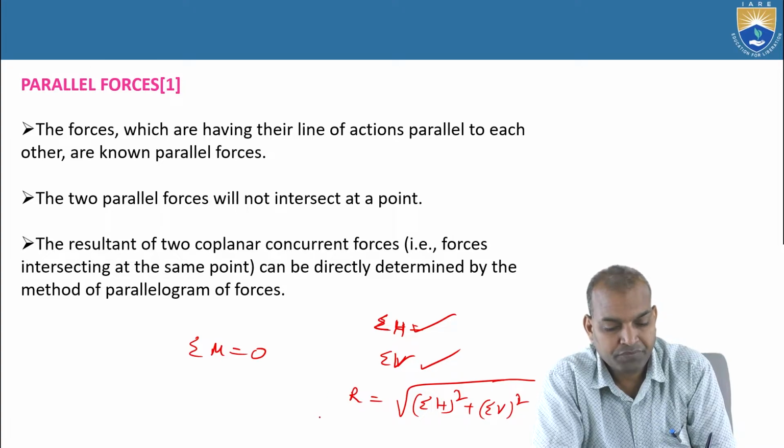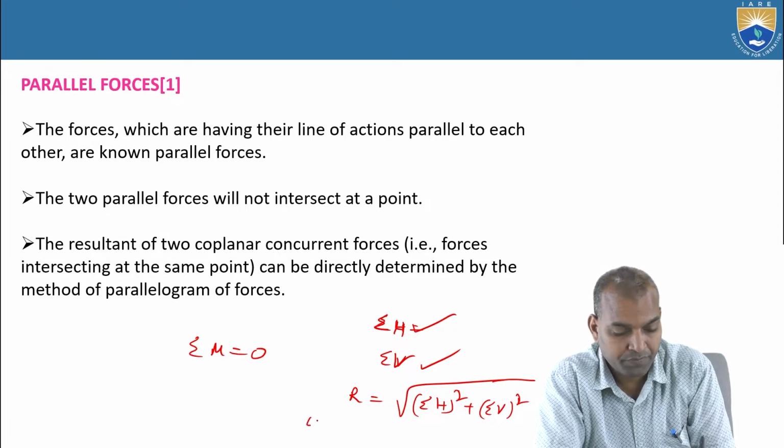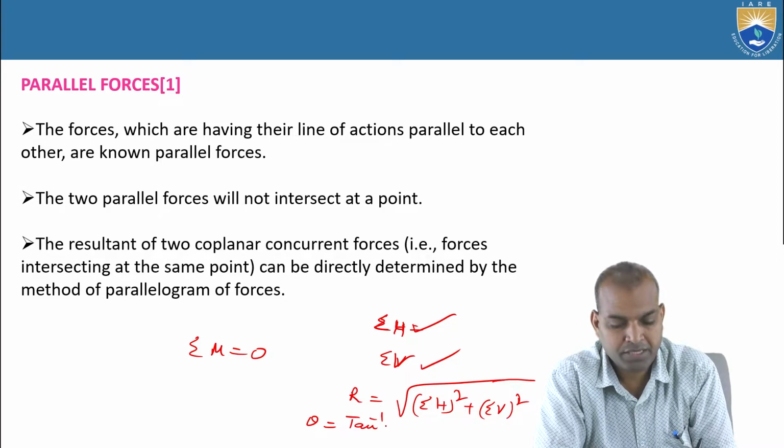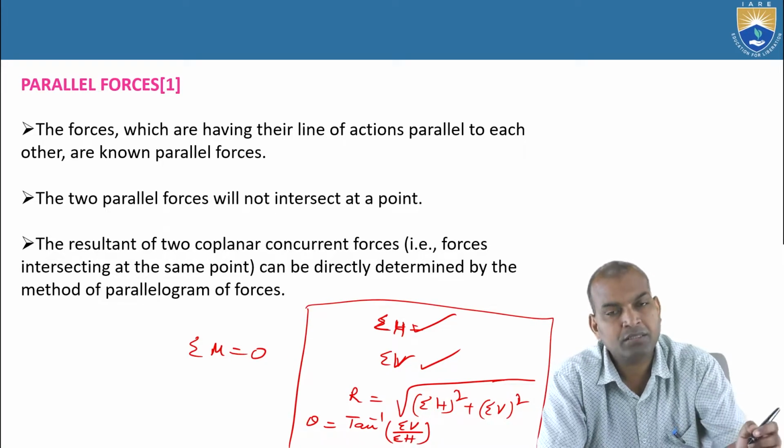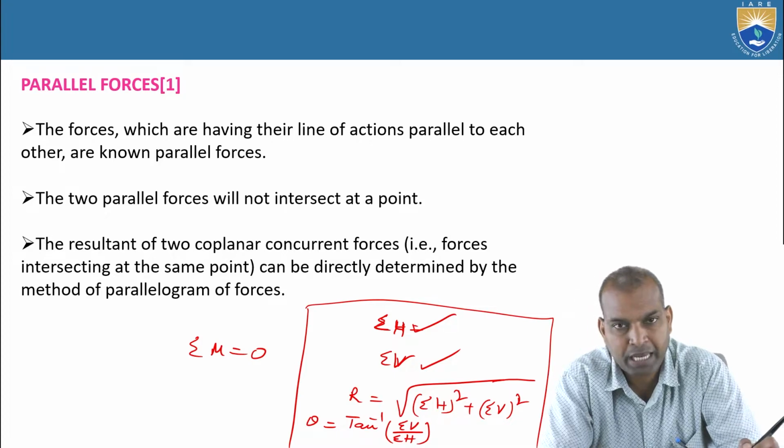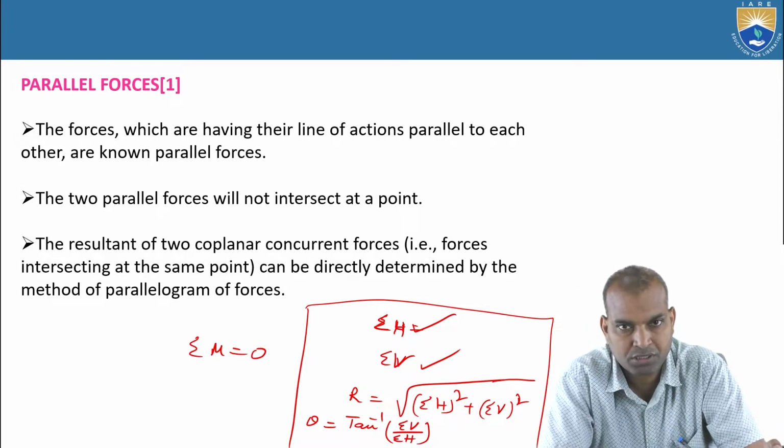So what is the direction of this coplanar concurrent force system? The direction of the resultant force, theta, equals tan inverse of sigma V by sigma H. In that manner, the resultant force can be calculated for the coplanar concurrent force system.